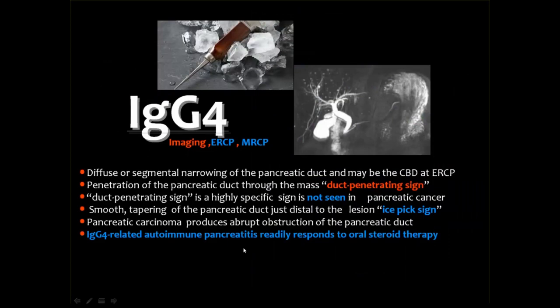Then on CT and on MRI, we have described the pancreatic pseudocapsule, or the rim, the halo around the pancreas. Also, there are some changes in the biliary ducts, including what's known as the duct penetrating sign.